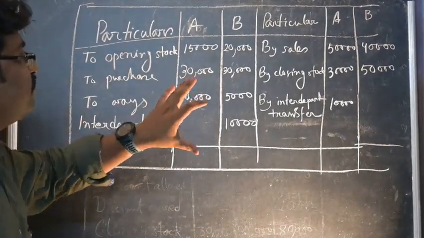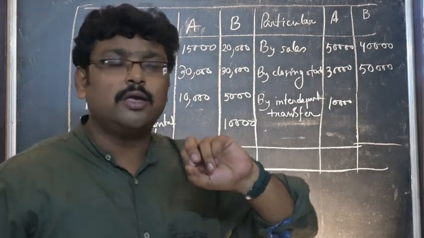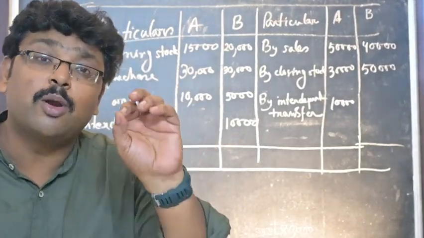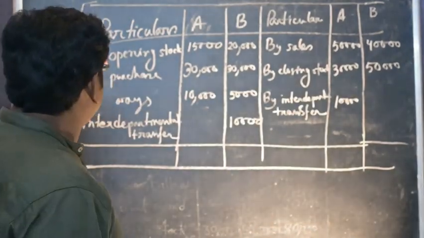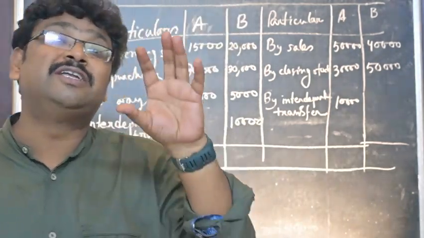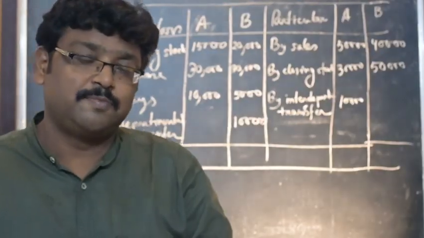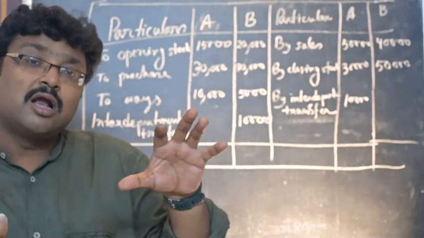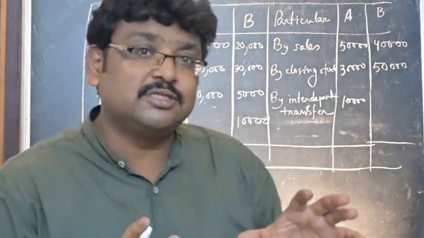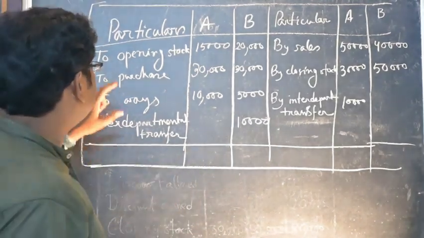Now this is the tabular form of the trading account. Whatever information we have in our problem, among the particulars there are some direct expenses that are included in the trading account. So what are the direct expenses?